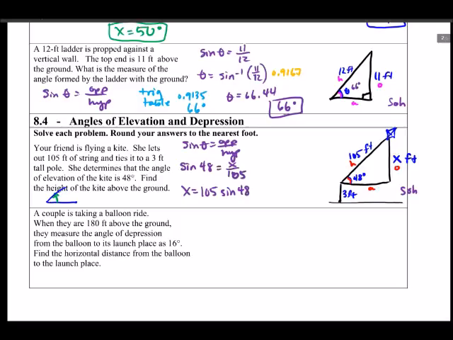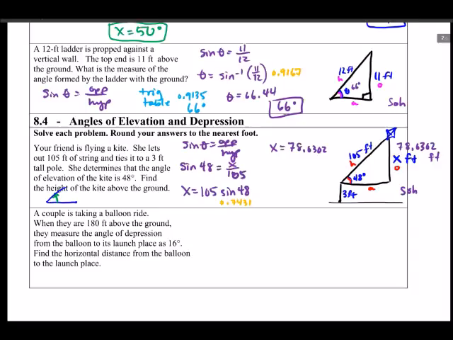If you're using your trig table, sine of 48 is 0.7431, or using your calculator, x equals 78.0302. So this is 78.0302 feet, or 78 feet.